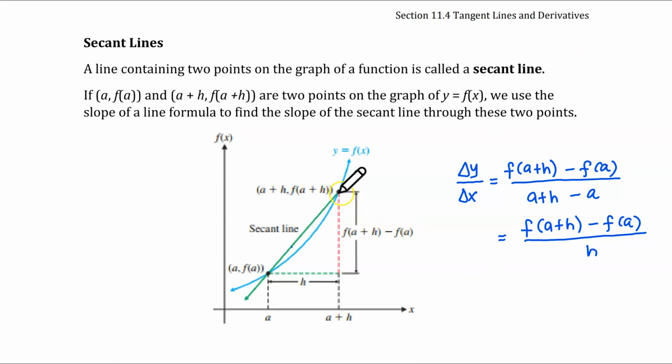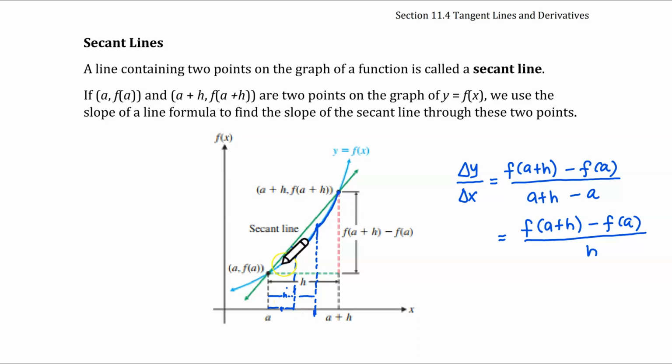Now notice that if I move this point here closer to a, this will be my new point, and that new h distance from a to the second point is a lot smaller than the original h. And now if I move that even closer to this point here, the new distance from a to the second point is even smaller than the previous one.